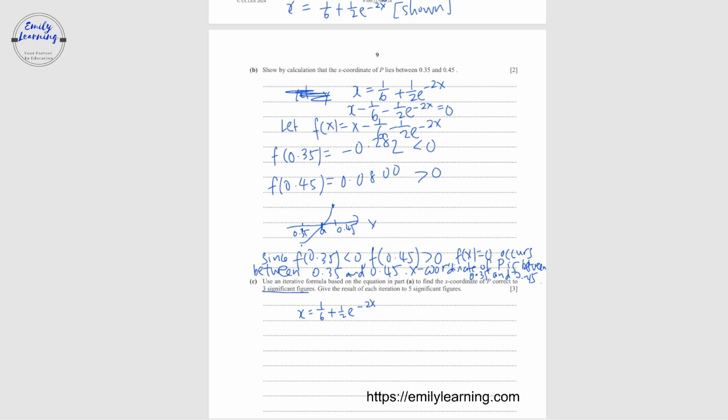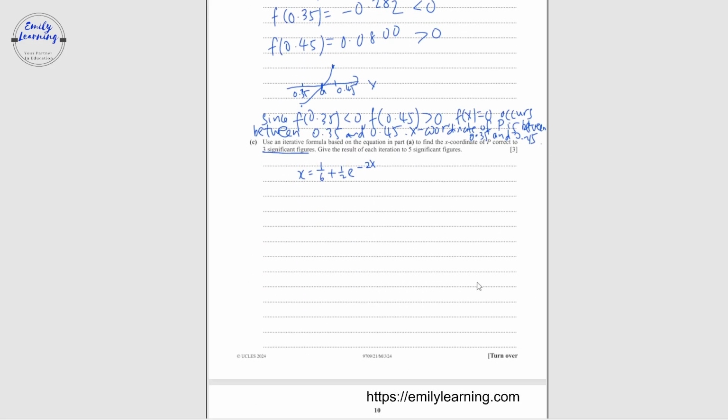So let's use the iterative formula, which is x n plus 1 equals f(xn). So we will let f(xn) be equal to 1 over 6 plus half e to the power of minus 2 xn. So xn plus 1 equals this.